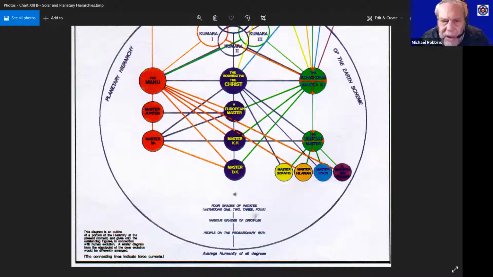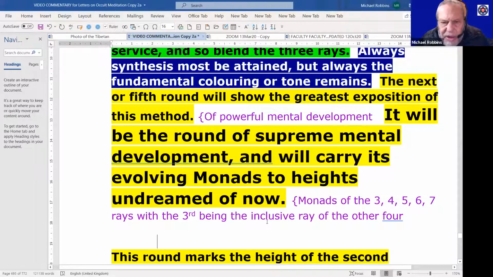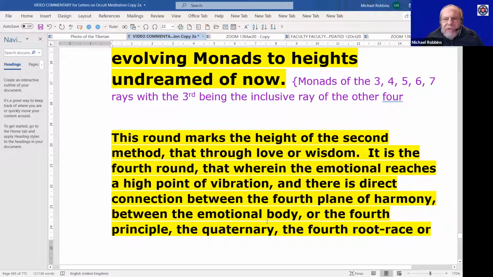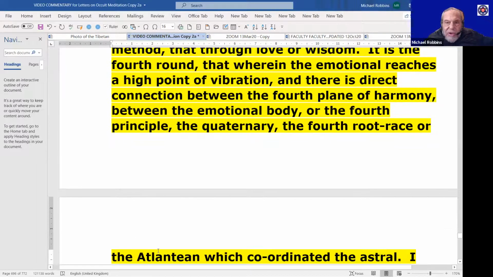Now, this round marks the height of the second method, that through love wisdom. And it is the fourth round wherein the emotional reaches a high point of vibration, and there is direct connection between the fourth plane of harmony, the emotional body, or the fourth principle, the quaternary, that's the personality, and the fourth root race, or the Atlantean, which coordinated the astral.